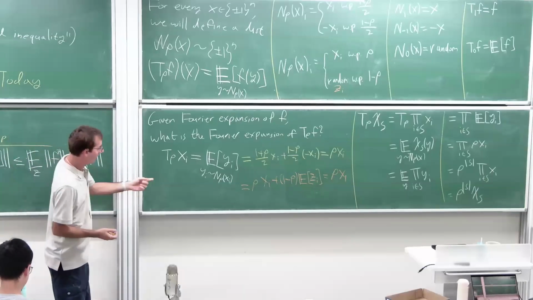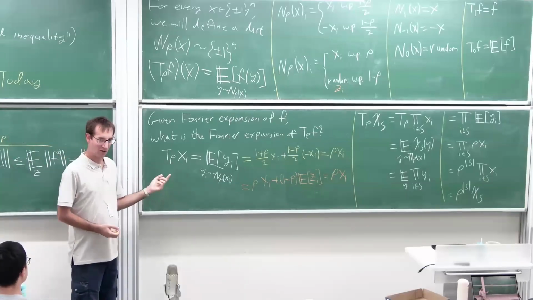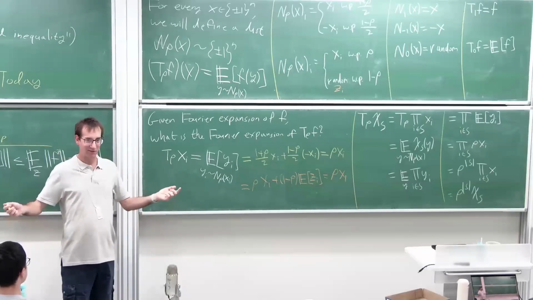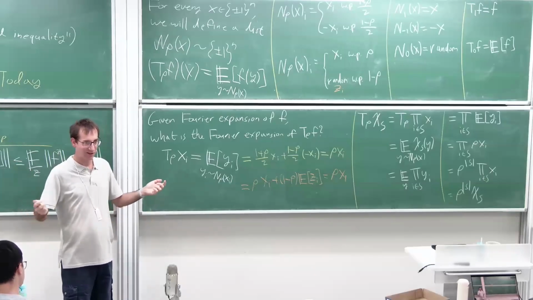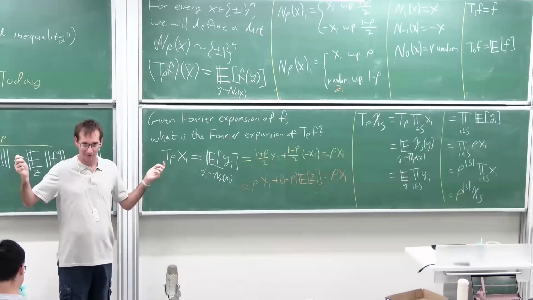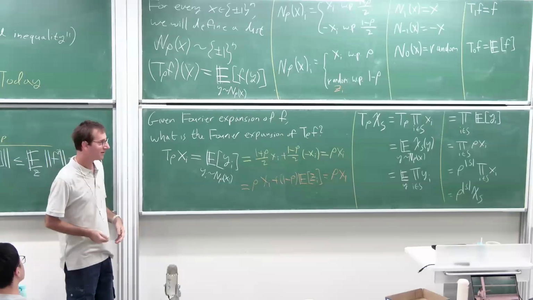So the effect on x_i is multiplying it by rho, the effect on x_i x_j is multiplying it by rho squared, and the effect on chi_S in general is multiplying it by rho to the power |S|. This is a very easy calculation.